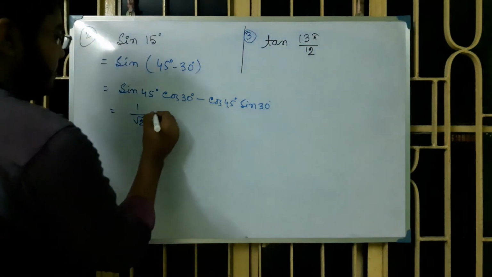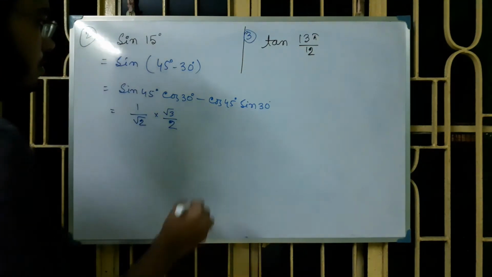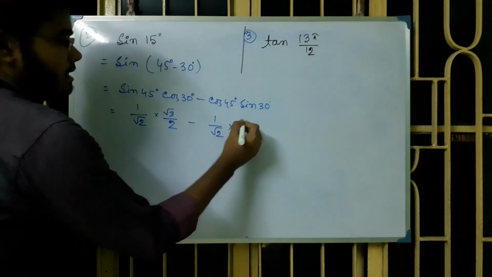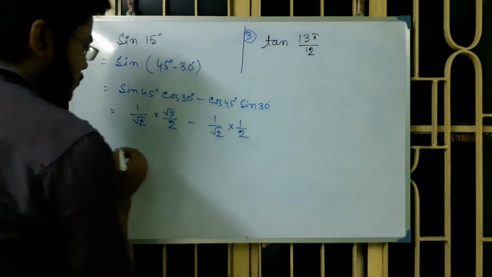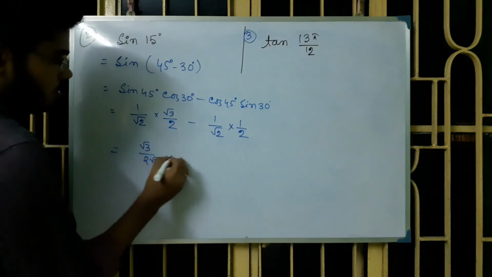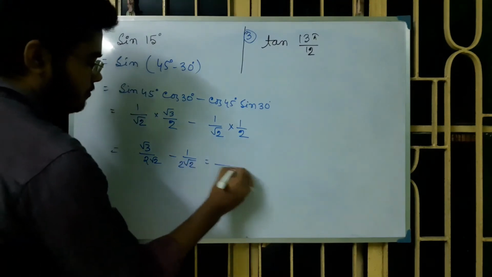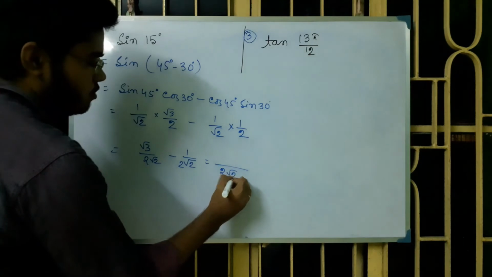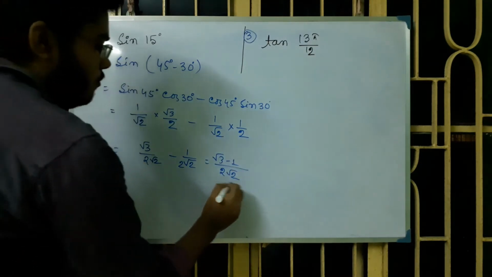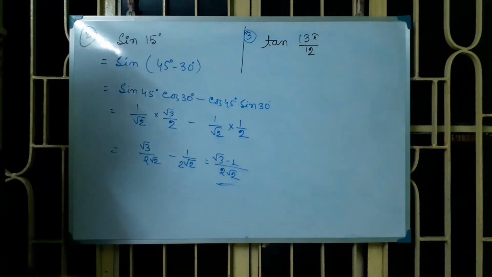What is cos 30? Root 3 upon 2. What is cos 45? 1 upon root 2. What is sine 30? Half. So that is root 3 upon 2 root 2 minus 1 upon 2 root 2. The LCM is 2 root 2 and this is root 3 minus 1. So this is the value of sine 15 degrees. Just use the values you already know.